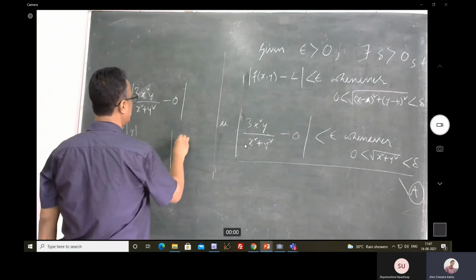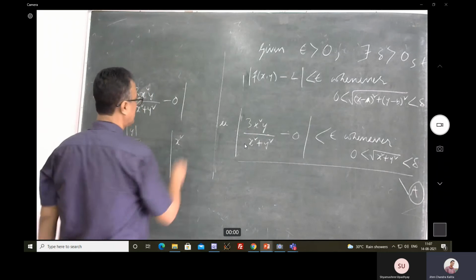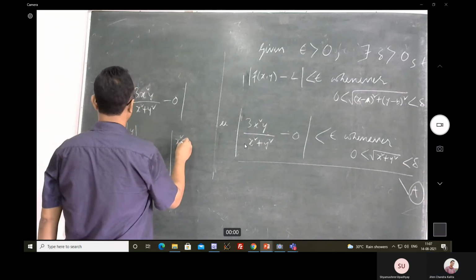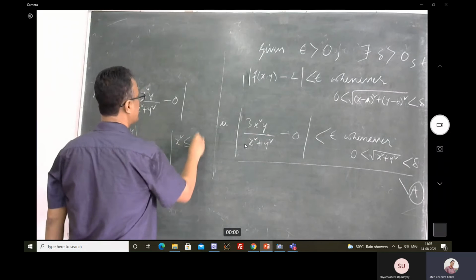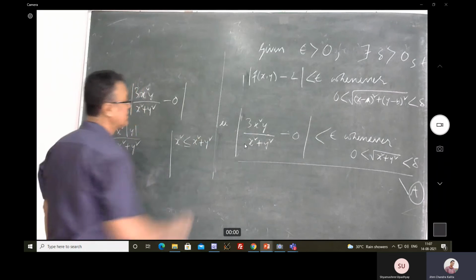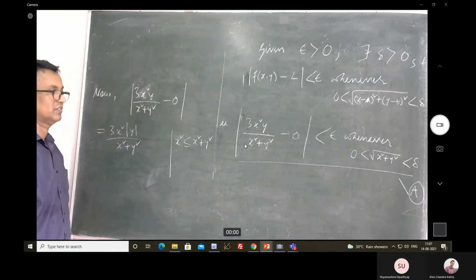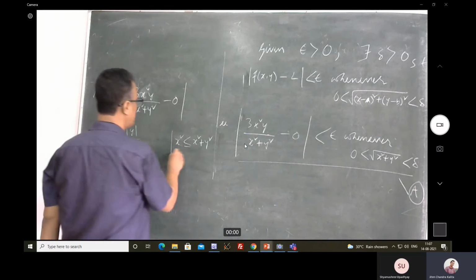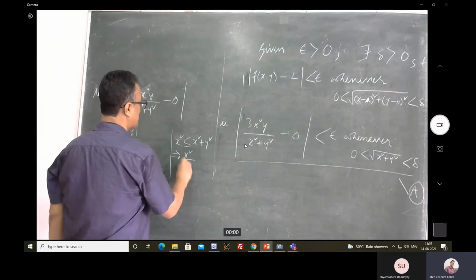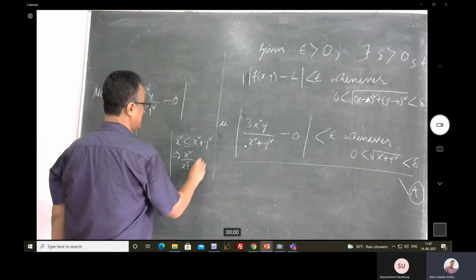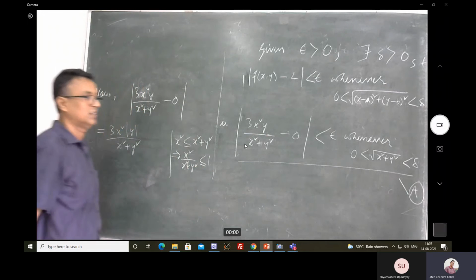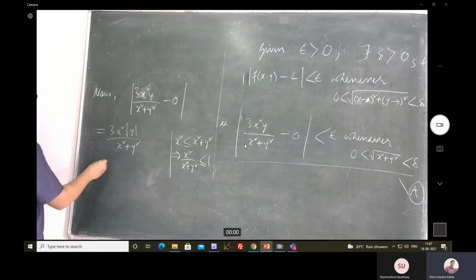You see that x squared is definitely less than or equal to x squared plus y squared, right?